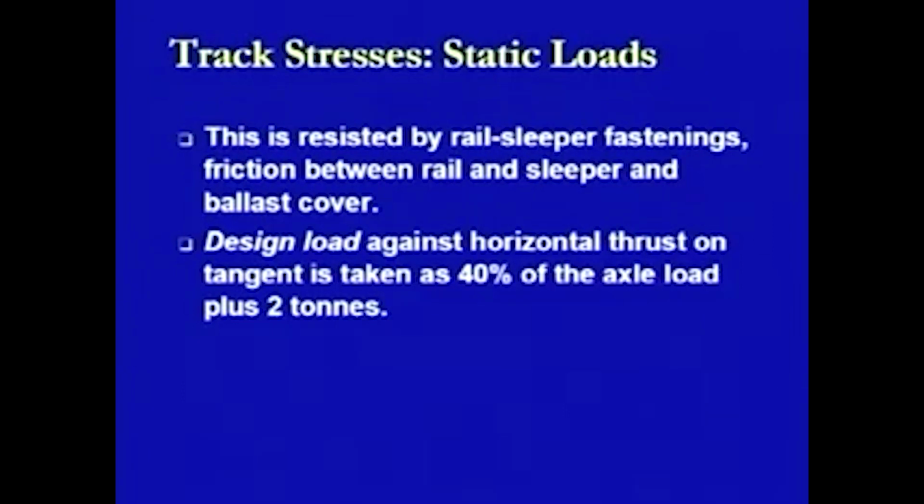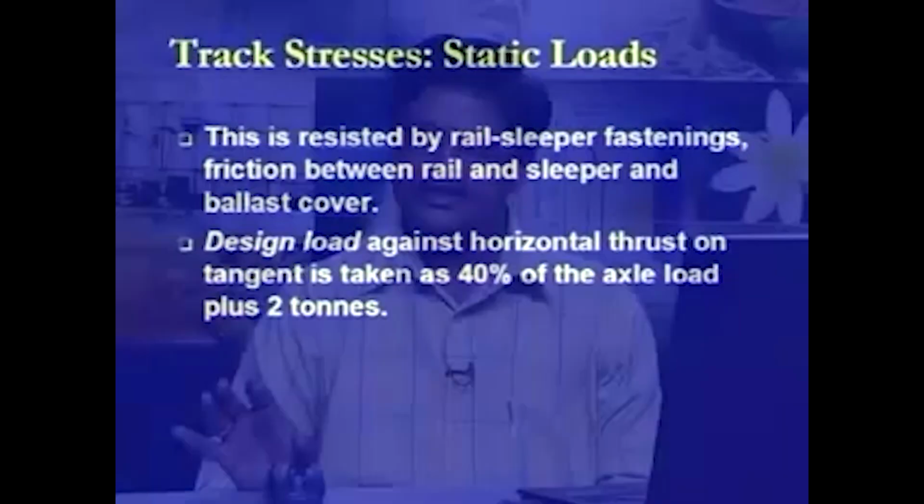On the basis of this amount of load transferred to the fastenings, those fastenings need to be designed. We will be taking up these fastenings separately again, and we will see that when we design those fastenings, they are defined in terms of certain loads which come at the toe of those fastenings, and that is the minimum load capacity which should be there for those fastenings, and that is coming from this point of track stresses.